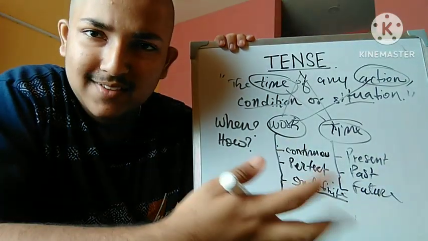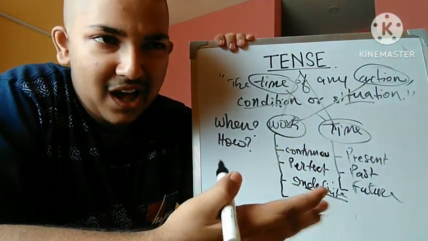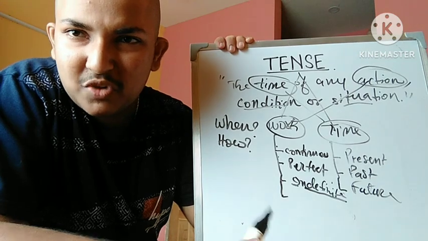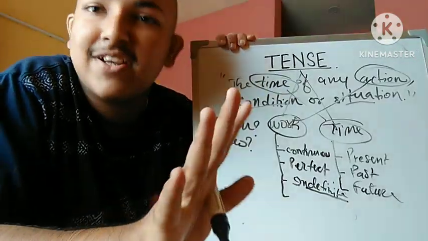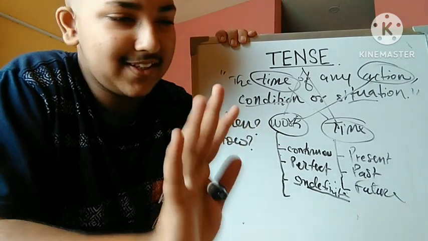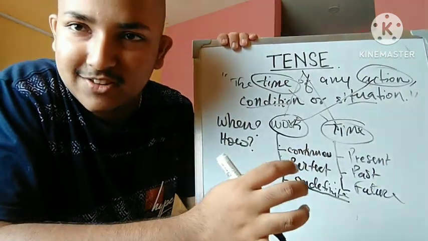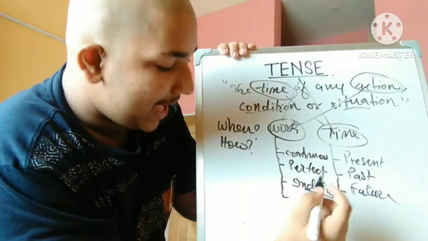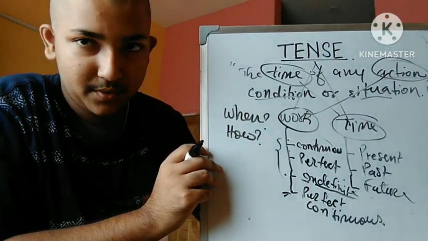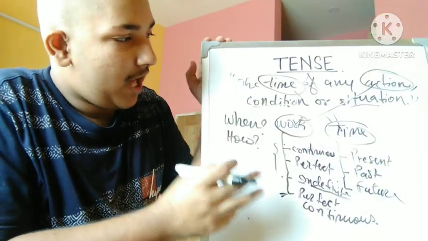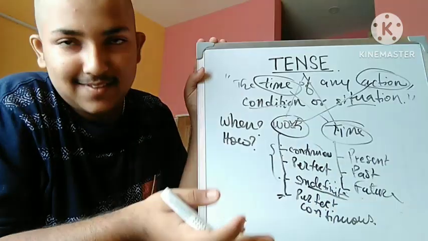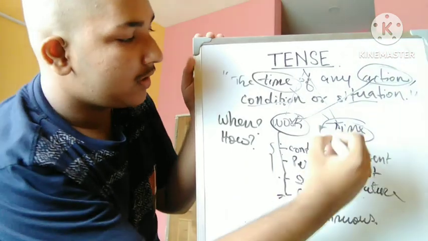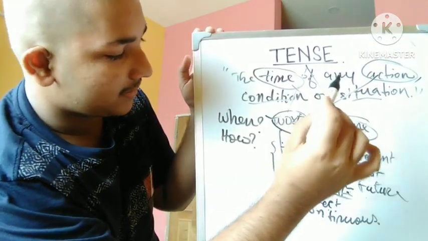Indefinite means we cannot understand how the work has been done. What is the type of work? We cannot understand. Then we say that it is indefinite tense. Then we have the very interesting perfect continuous. So this is how we can categorize tenses into time and work.